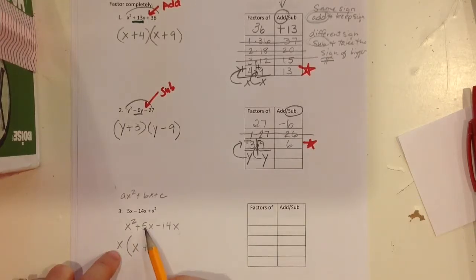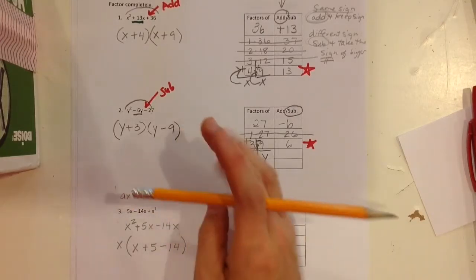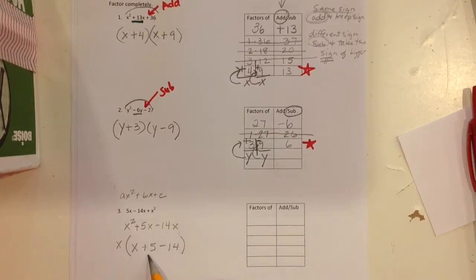If I take 1x from this 5, I'm just left with 5. If I take 1x from this 14, I'm just left with 14. Now this apparently, again, is not how it should have been. I'm not sure exactly what went wrong here. Maybe this shouldn't have been an x. I'm not sure. But I'm just going to leave this how it is.